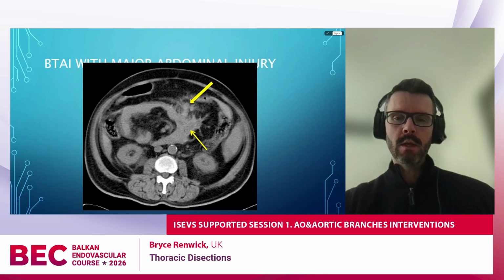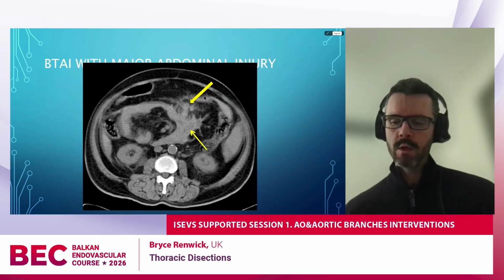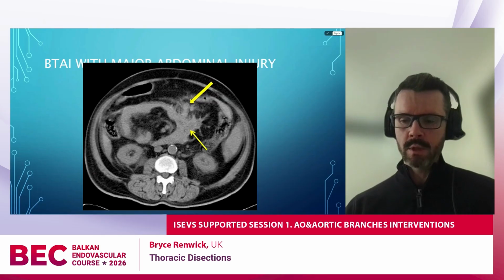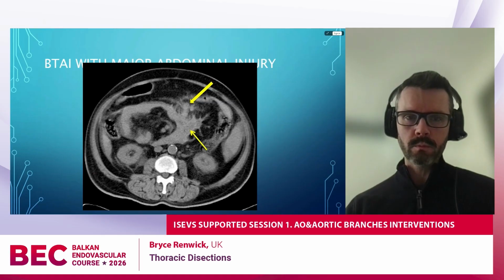And then at that point, once everything's packed, then you could proceed with a TEVAR if you had a grade 3 aortic injury. Of course, if you've got this much bleeding and it's only a grade 1 aortic injury, you might be very, very tempted to try and watch and wait for the thoracic problem. But this is a significant bleeding problem that we have had to deal with in conjunction with a thoracic aortic tear.